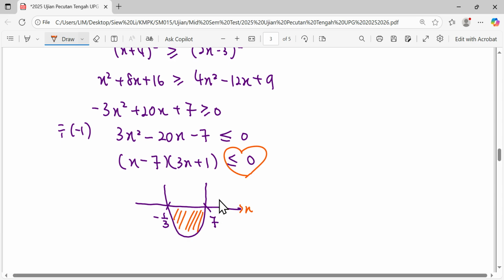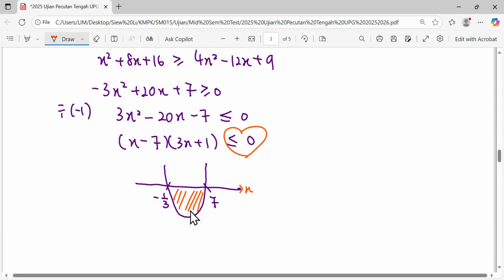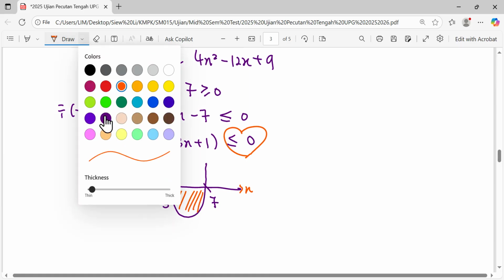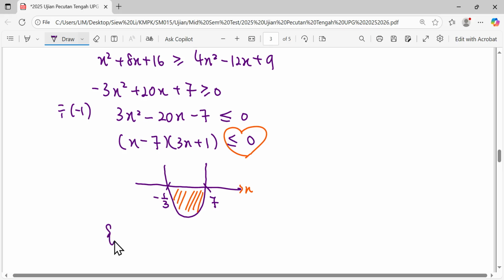Above the x-axis, this is a region of positive. So finding this region negative, then we know that this is our answer. We put the solution as negative 1 over 3 less than or equal to x, less than or equal to 7. We got equal because our question here provided we have equal, so we will just follow through for this quadratic.